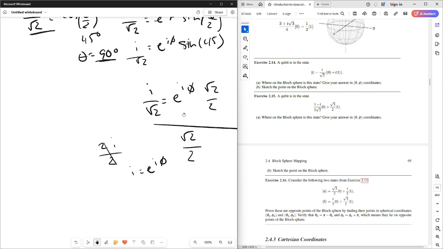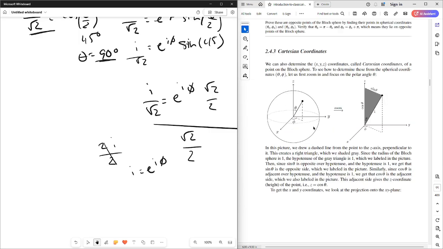I want to get into some, what is this? 2.14. Let me bookmark this in my physical textbook. All right. Cartesian coordinates.